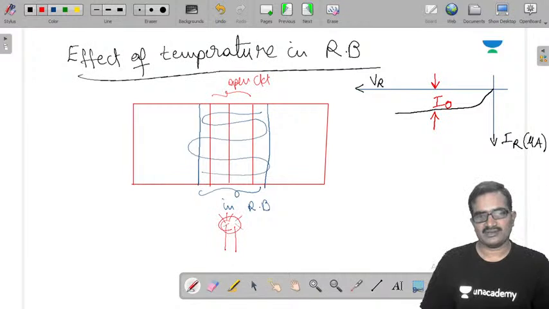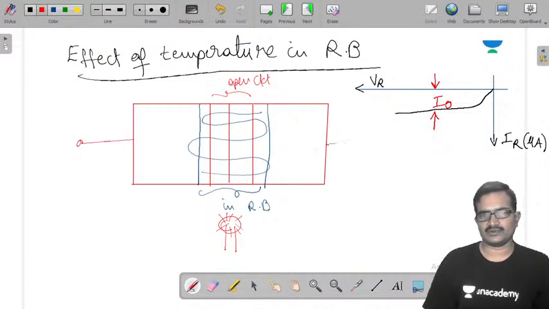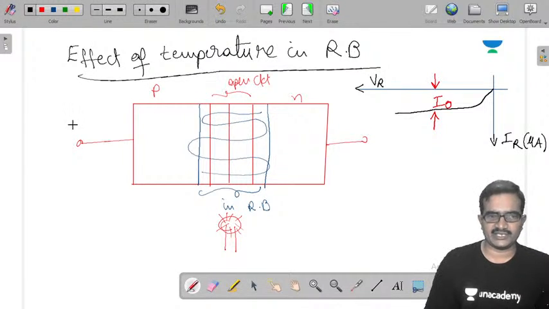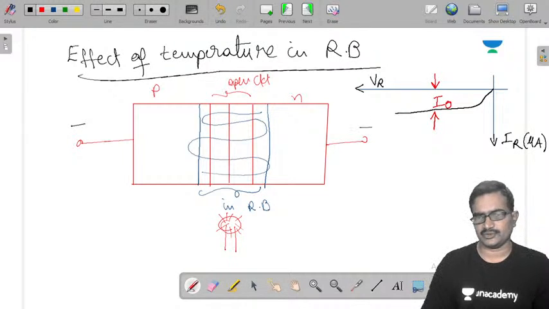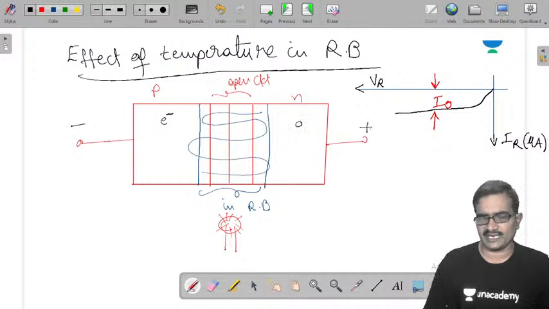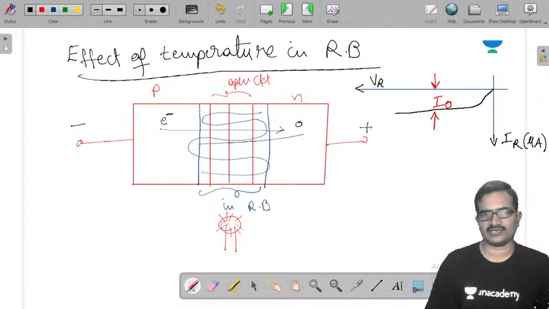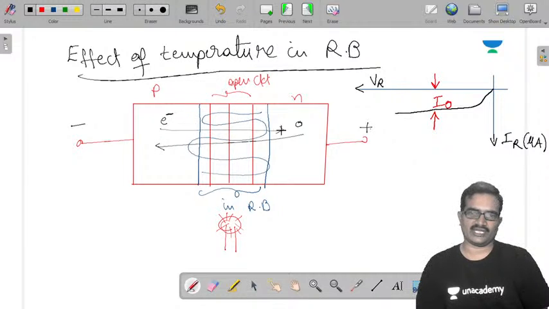We are getting I naught because the P region is connected to negative and the N region to positive. So the minority electrons in the P region and the minority holes in the N region are repelled by this. That means this movement of charge carriers is due to the electric field. Now these electrons are moving this side and these holes are moving this side. Due to this charge carrier movement, we get I naught.